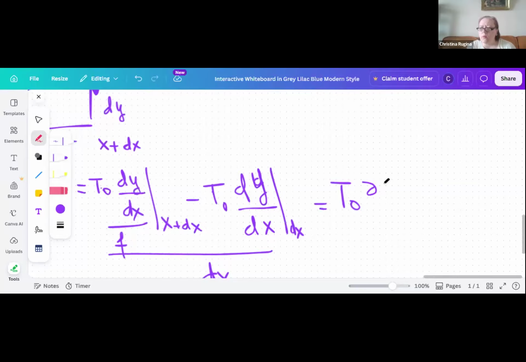If we divide this by dx, it's really the expression of a derivative. So this is really f of x plus dx minus f of x.